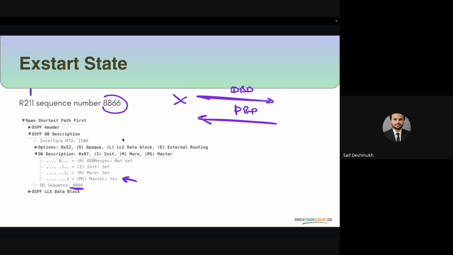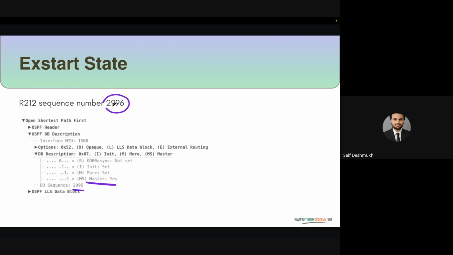There is nothing inside of it except some claims that they're making. What are the claims? Router 211 says I am master by setting the MS bit to 1, and because I'm the master, we should use 8866. This is the sequence number we should exchange the routing information from.